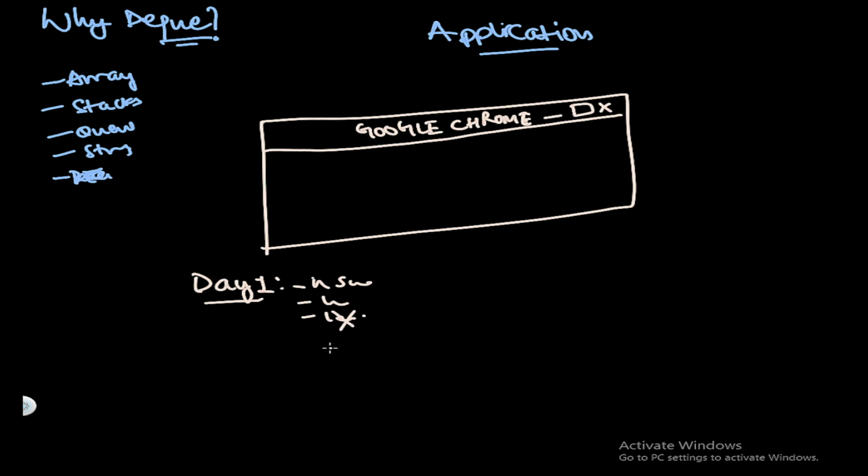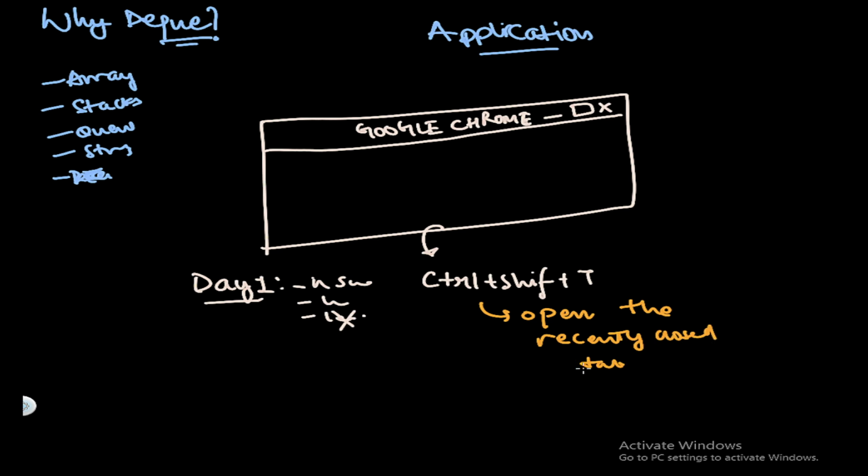Now you want that LeetCode tab to be open again, but without searching. So Google Chrome gives you a shortcut, Control plus Shift plus T. What it will do is open the recently closed tab.